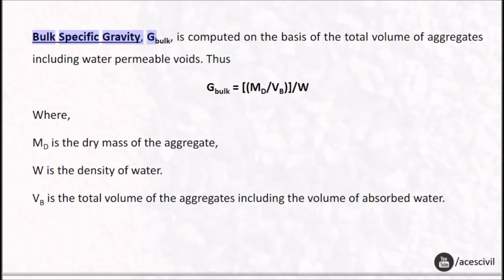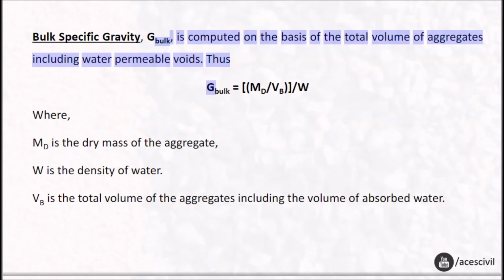Bulk specific gravity, G_bulk, is computed on the basis of the total volume of aggregates including water-permeable voids.